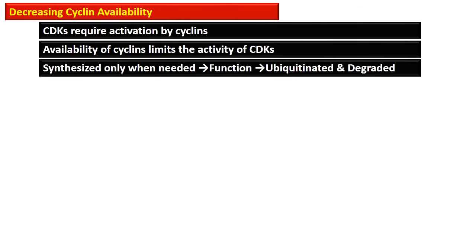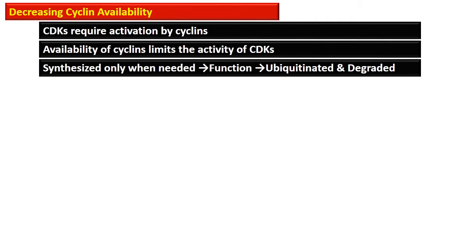The activity of cyclin-dependent kinases requires activation by cyclins. Therefore, its activity is limited by the availability of the cyclin. These cyclins are synthesized only when needed.